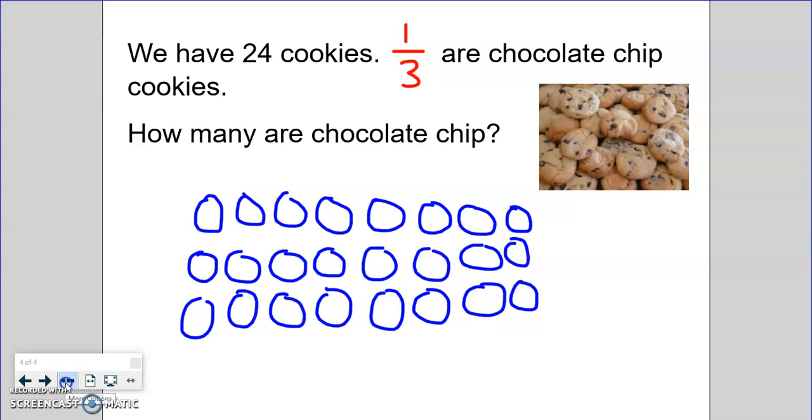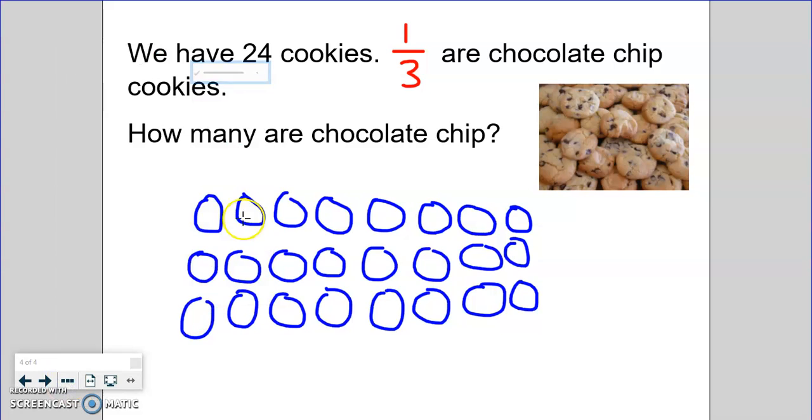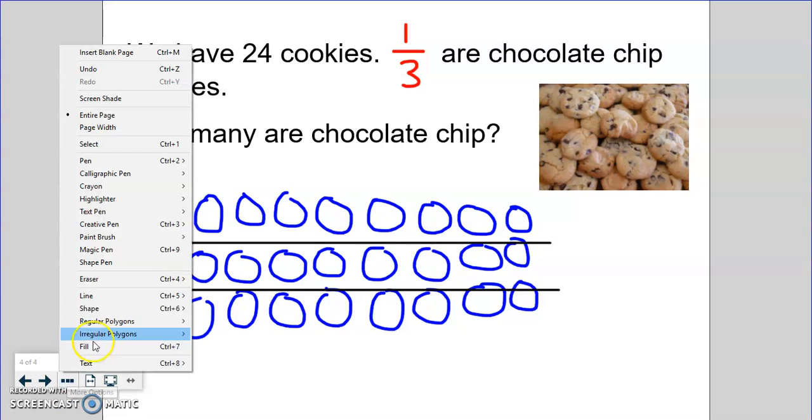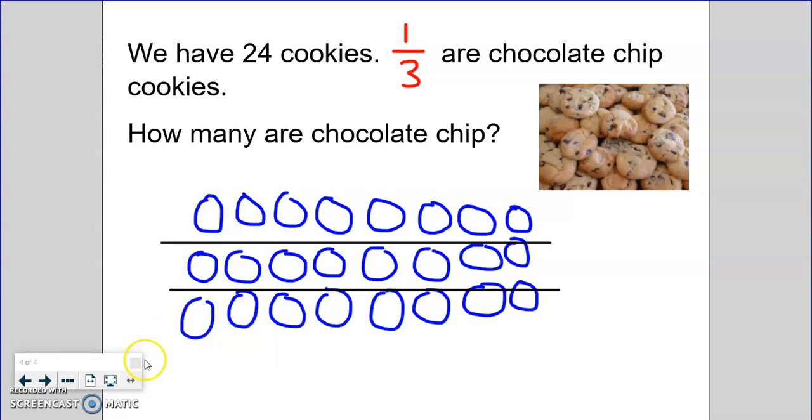Now I'm going to break these up into thirds using a line because I feel like the line is easier. So here's 1/3, here's 2/3.